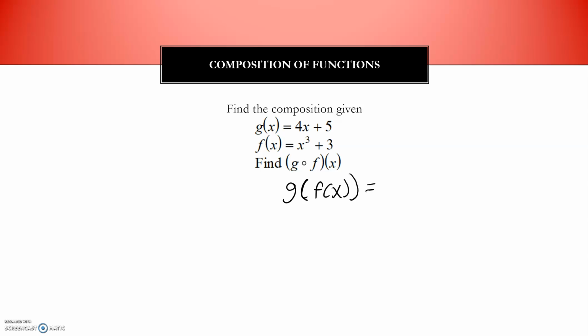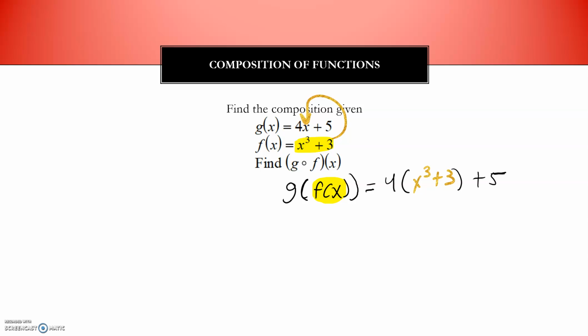Because I don't have a value here, what this is telling me is take the whole function h of x and plug it into the formula for g for the variable. We're going to use the formula for g, 4 times x plus 5, but instead of a number for x, we're going to plug in the whole rule for h, the x to the third plus 3. And then we're going to simplify.